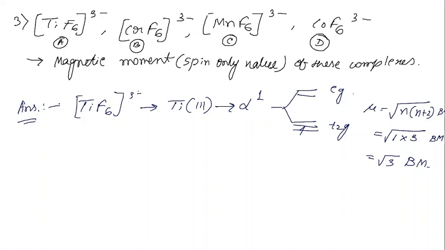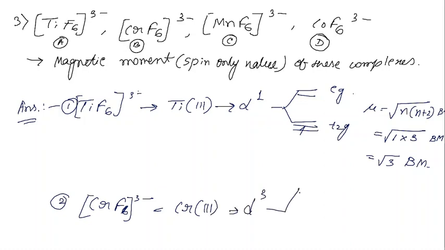For complex 2, chromium 3, D3, here 3 unpaired electrons are there.